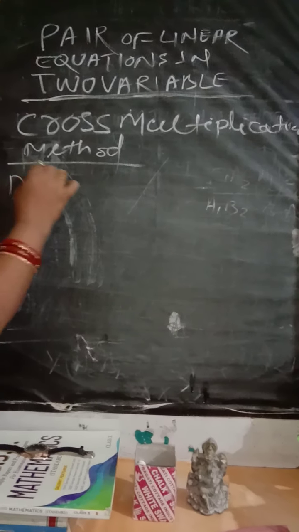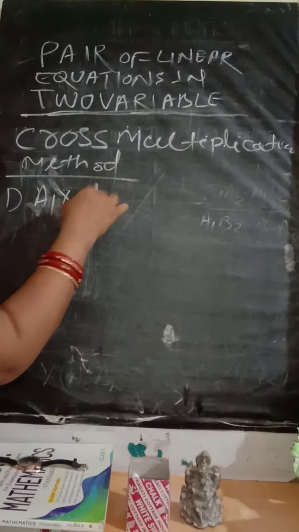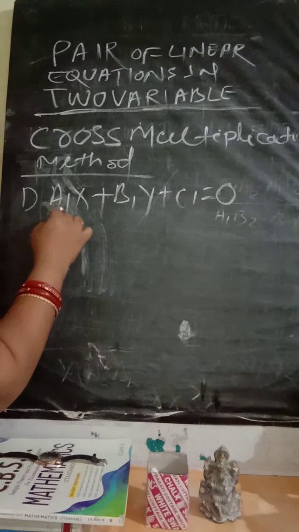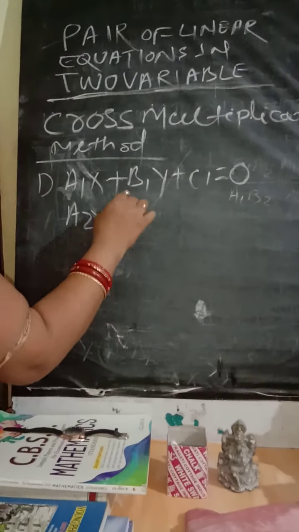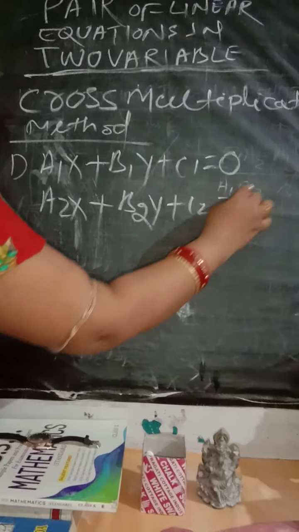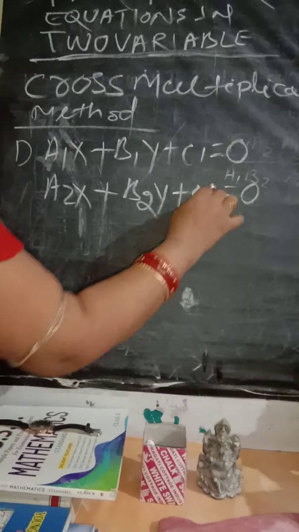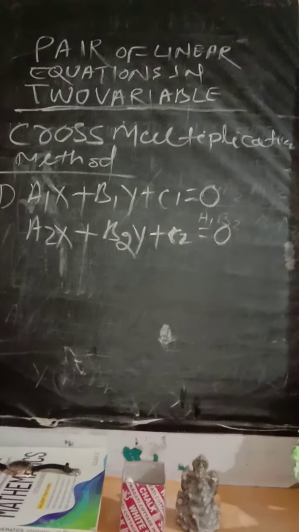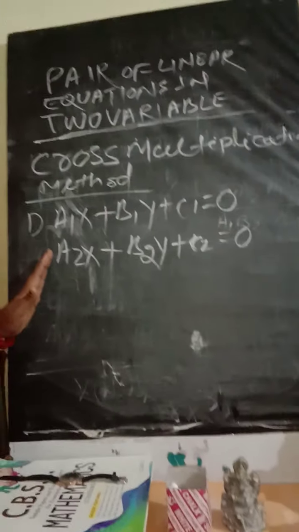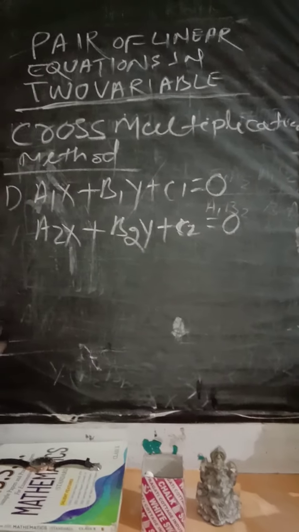So the equations are a1x + b1y + c1 = 0 and a2x + b2y + c2 = 0. Exactly, students, this is not in your course for this year. Still we should go through this.